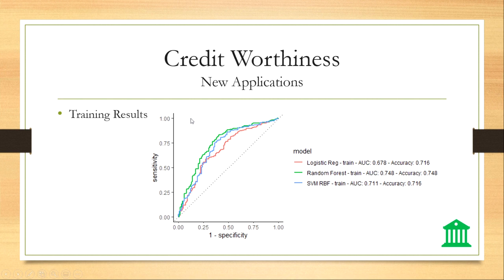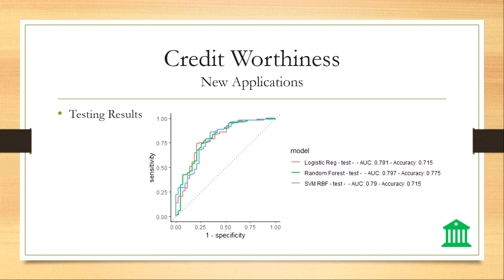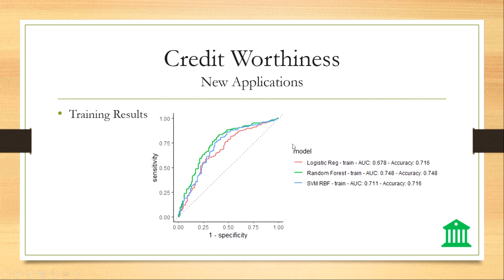Of course, training is important, but not as important as the testing results. So this was on the training data, and now we're doing this on the test data. On new data, how did the model do? Well, things are converging a little bit.